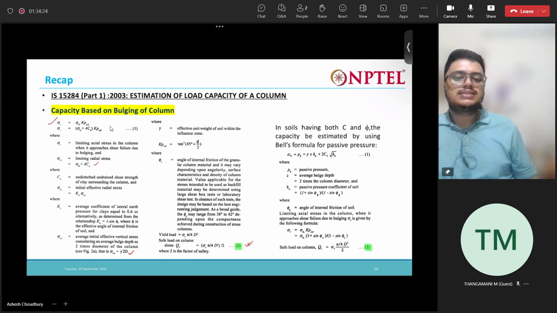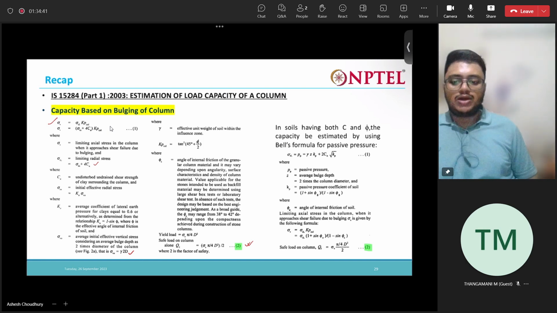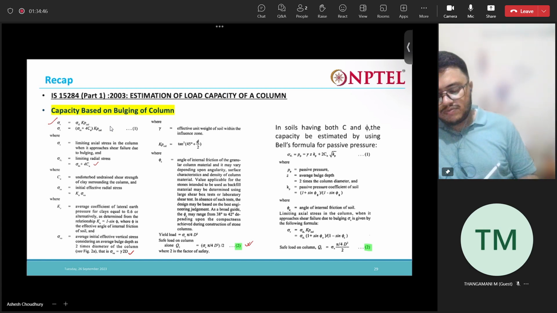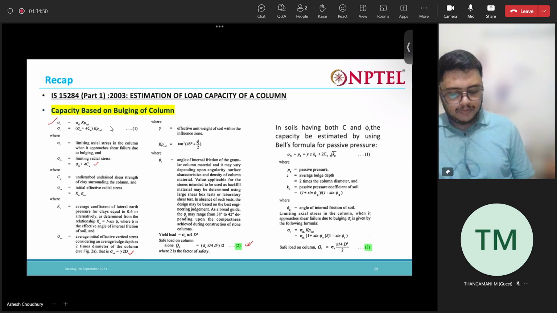Now this was just for a completely cohesive soil, where there is no phi value. Say we have a soil where we have the phi value also, along with the cohesion value C. Initially that was only for the soil with C value. Now for soils having both C and phi, both cohesion and friction angle, the passive resistance is given by Bell's formula.